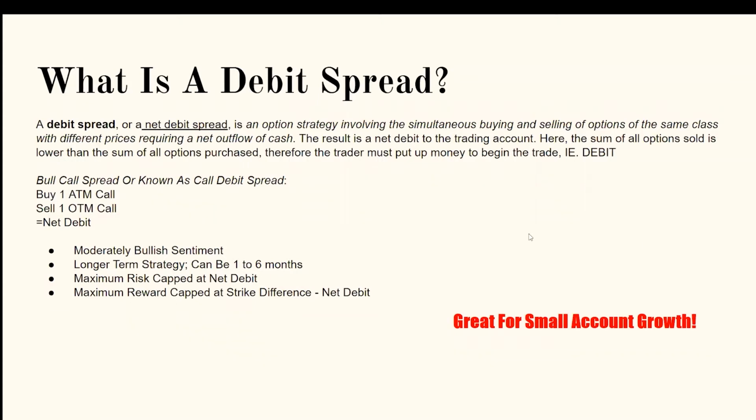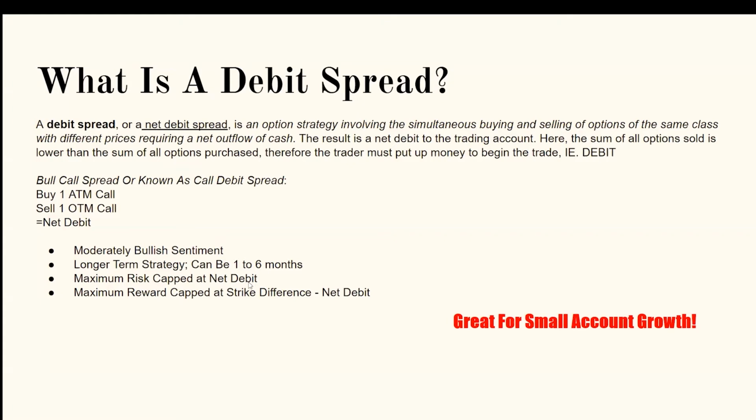With debit spreads, you're traditionally paying about 50% less than naked contracts. The only downfall is you are capped, so it's pretty much limited risk. That's the pro: you're not paying that much money. You're capping your risk, but you're also capping your upside.